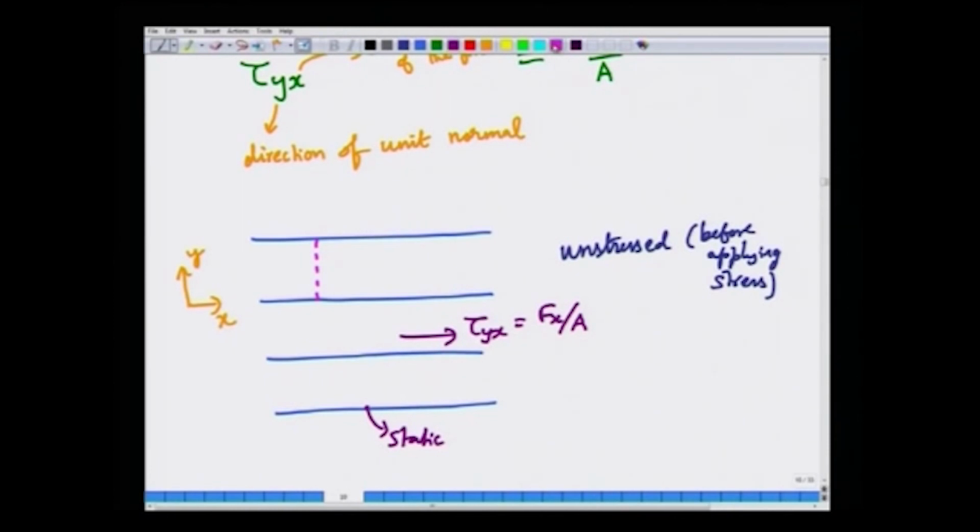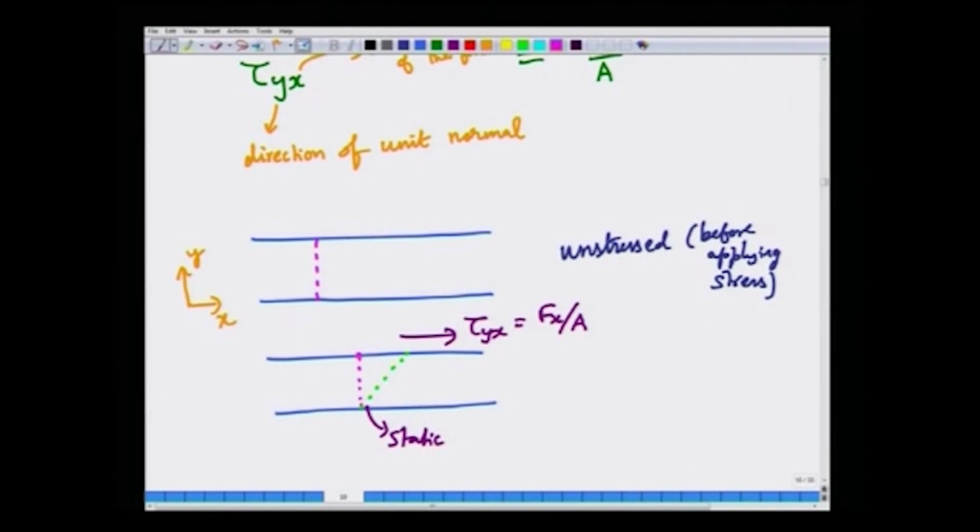So, suppose before, in the unstressed state, all these points were like this. Upon application of shear stresses in the x direction, you may get a deformation like this. That is, a point which was here would be now here, a point which was here would be now here, and so on.